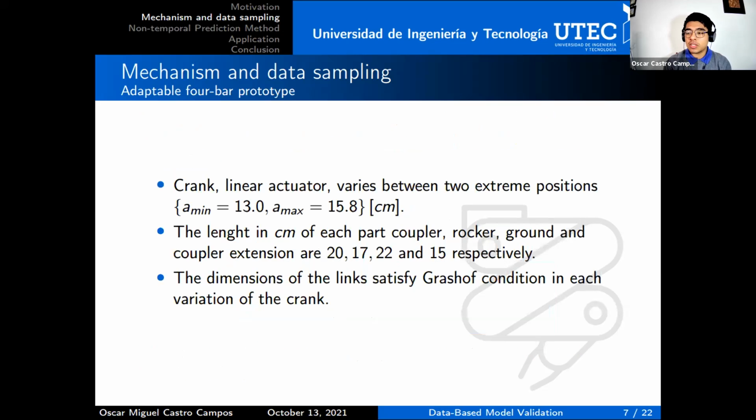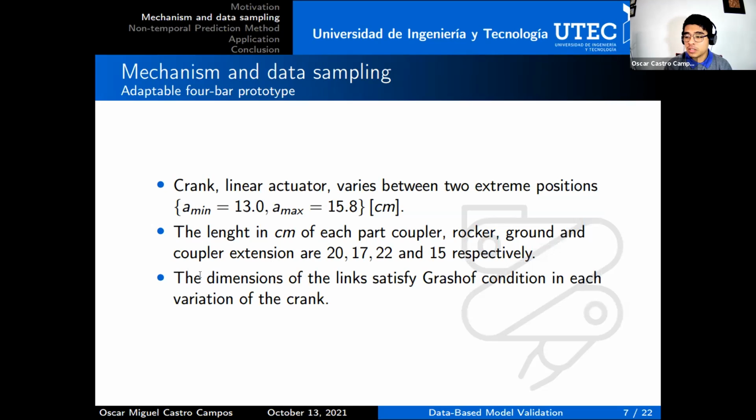About the dimensions, the crank, that is the linear actuator, varies between two extreme positions. The minimum is 13 centimeters, and the maximum is 15.8 centimeters. The lengths in centimeters of the coupler, rocker, ground, and coupler extension are 20, 17, 22, and 16 respectively.